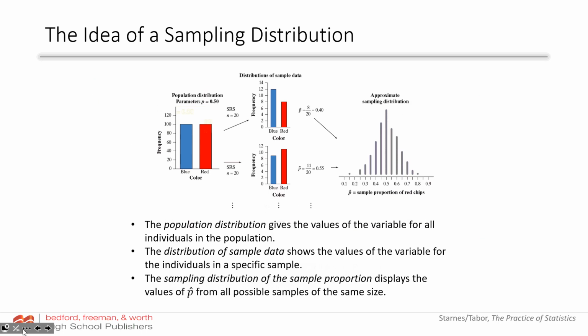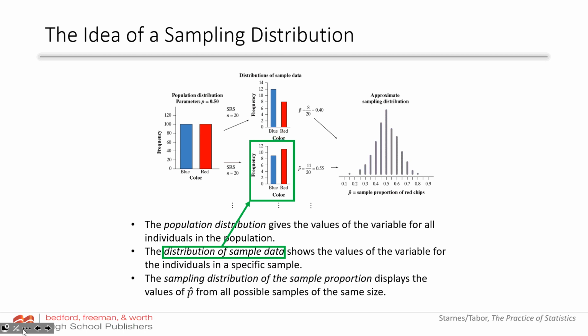So let's revisit some terminology. The population distribution is there in blue. It's what we had in the population. What are the values of the variable for all of the individuals? Then from that population, we took a sample, another sample, another sample, a whole bunch of samples. But this here in the green is the distribution of the sample data.